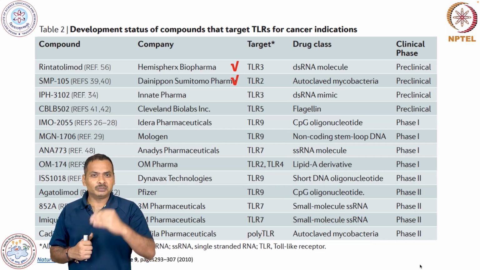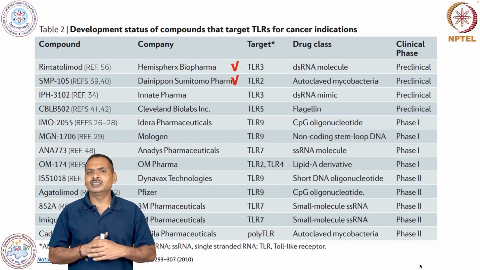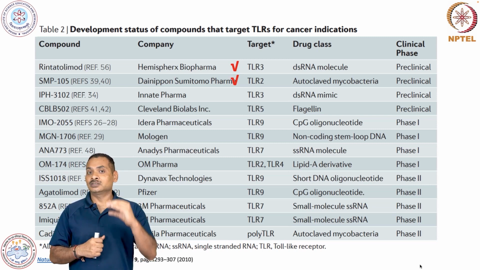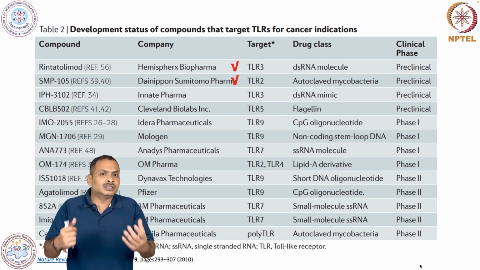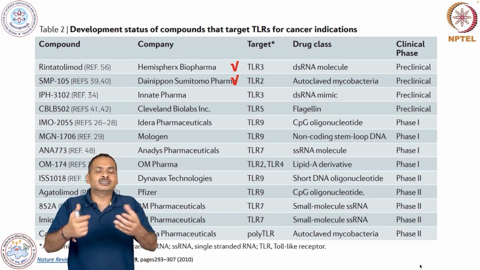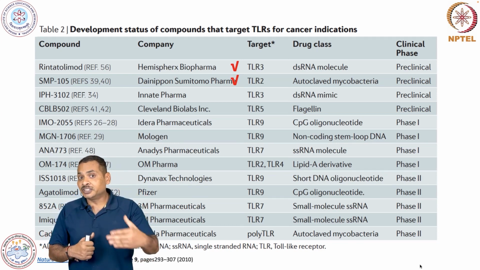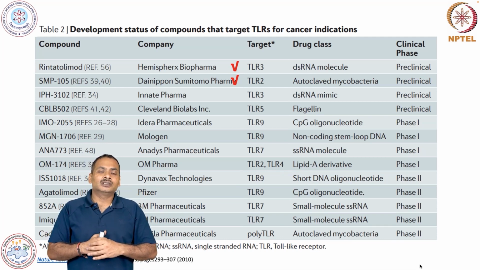And just for your information, here I would like to say that we use one adjuvant, we call it Freund's complete adjuvant, okay, which basically potentiates the activity of a vaccine, okay.